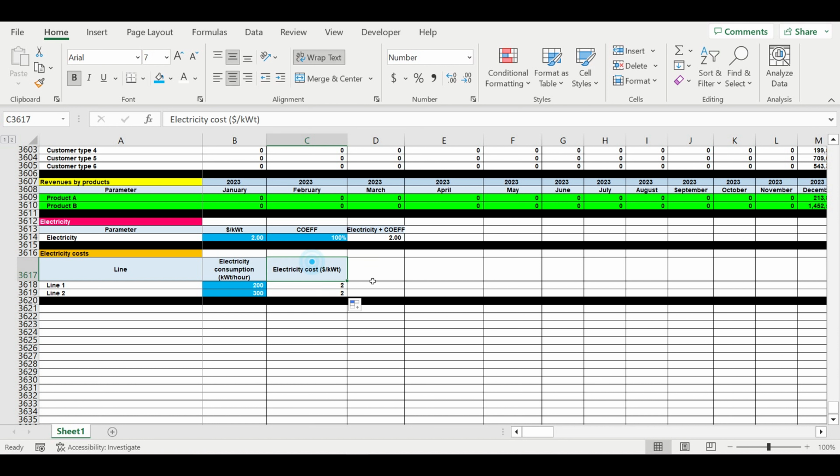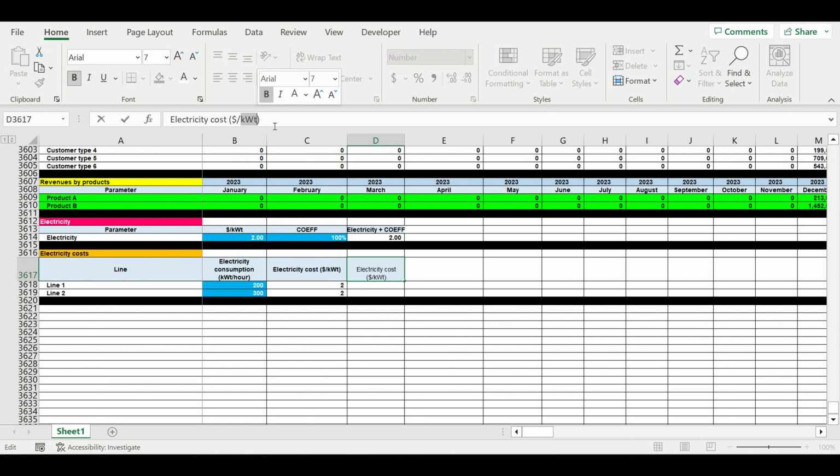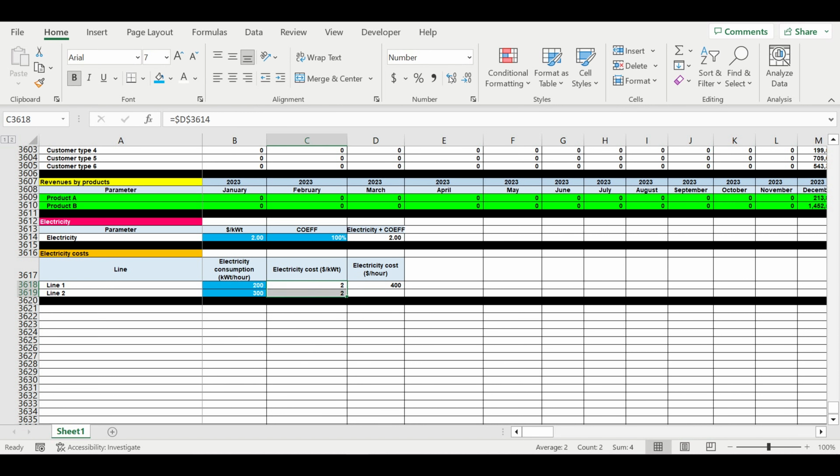Then electricity consumption, so this will be electricity costs dollar per hour. So this will be this multiplied by this. So this is how much we spend on electricity hourly for line number 1 and line number 2.